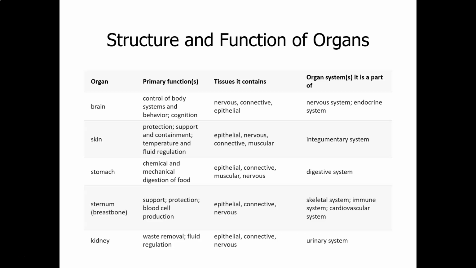So this is a list of organs and the function of the organ, the tissues it contains, and then the body system or organ system that it's a part of. I think one that's interesting as an organ that we don't think of much as an organ is the skin.